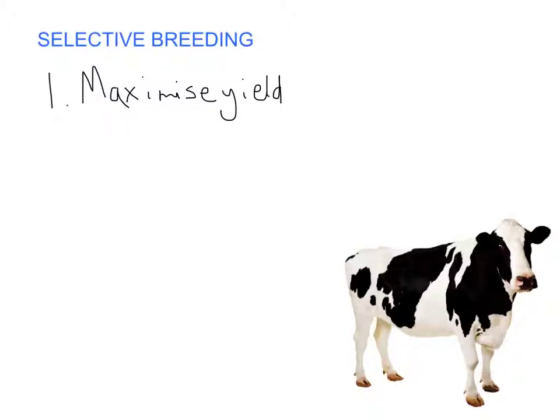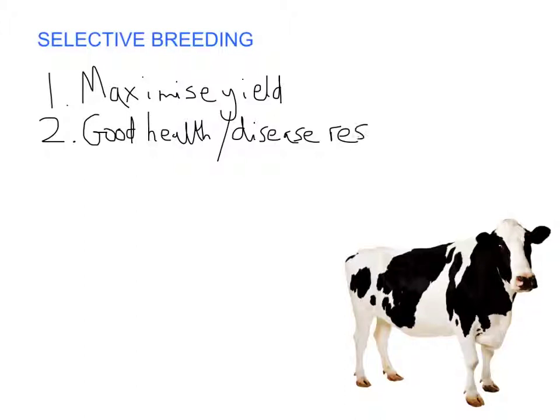Another reason why you might want to selectively breed is for good health and disease resistance. If you have organisms that you know are in good health, you may very well choose to breed those in the hope that the offspring they produce would be healthy.